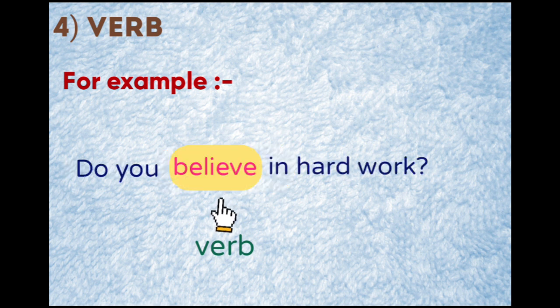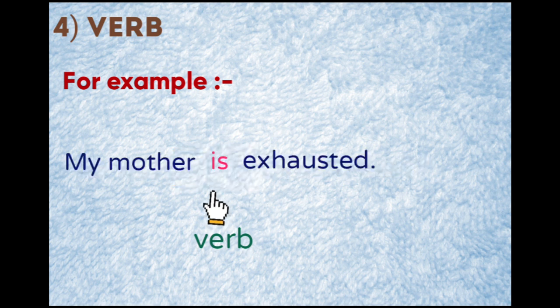Okay, have a look at another example. Do you believe in hard work? Here, believe. Believe is a verb. Okay? As believe is a mental action performed. Okay? Let's have a look at one more example. My mother is exhausted.